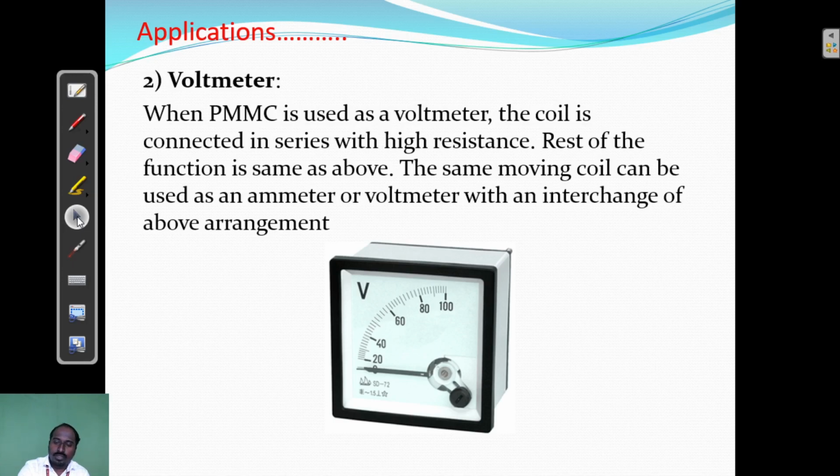Thus, a low resistance shunt is used in an ammeter, and a high resistance series resistance is used in a voltmeter. Every other operation is the same. The diagram shows the voltmeter indicates the voltage in volts or V.